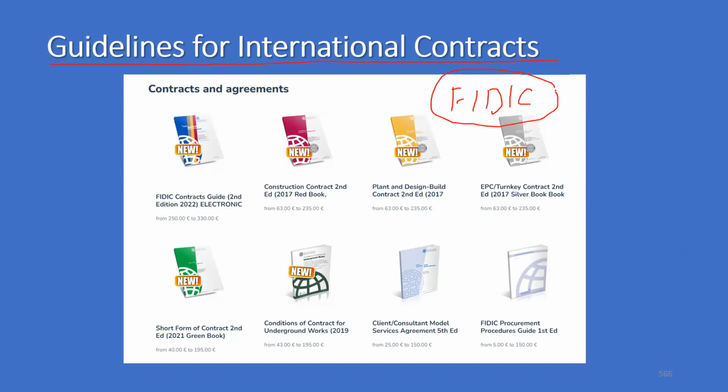So if you are party to an international contract, instead of reinventing the wheel, you can always get these templates and start using them, which will help us save a lot of time, and it captures the collective wisdom of so many experts.